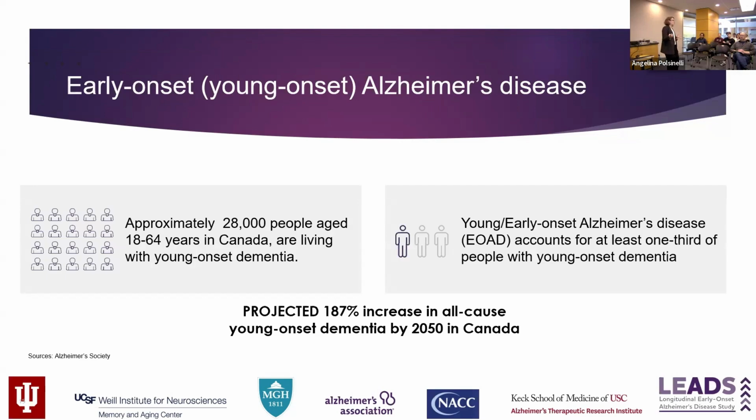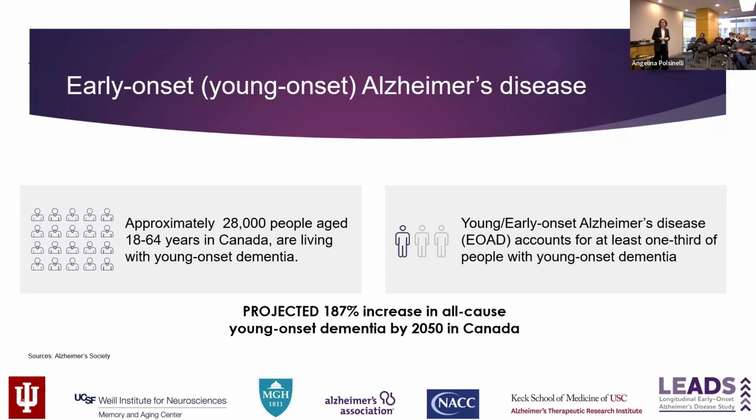There's approximately 28,000 people in Canada who have a young onset dementia diagnosis. So this is all types of dementia, not just Alzheimer's disease, and about a third of those individuals have Alzheimer's disease. But there's a projected 187% increase in all-cause young onset dementia by 2050.